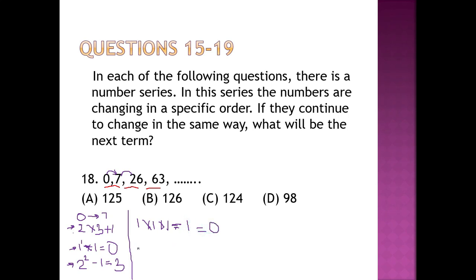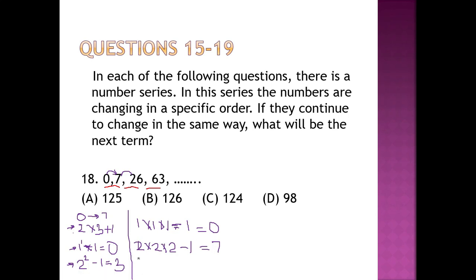Let me try something else. 2 times 2 times 2 minus 1. 2 2s is 4, 2 4s is 8, minus 1, that is equal to 7. Okay, so we're warming up right now.